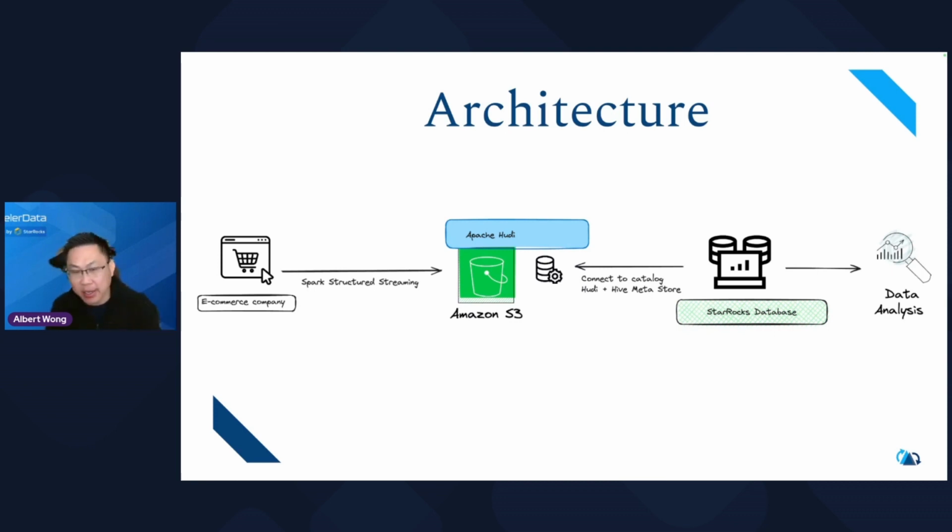They're just streaming data all the time into an Amazon bucket in Apache Hudi format. StarRocks can just plug into that S3 bucket on Hudi and do some data analysis. And we're going to be that data analysis person.